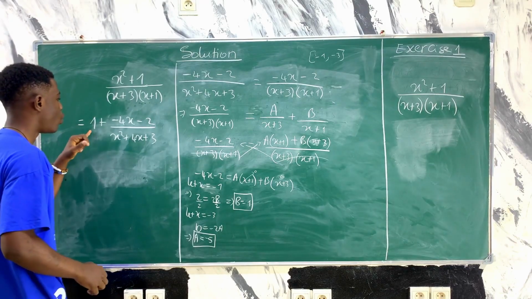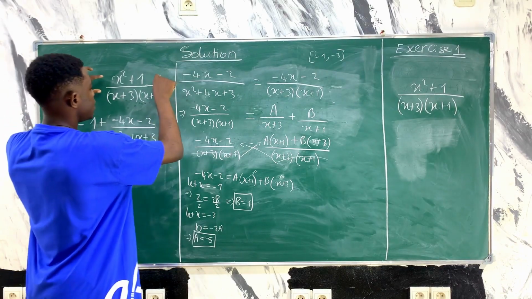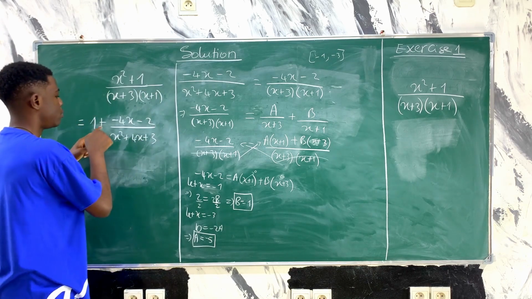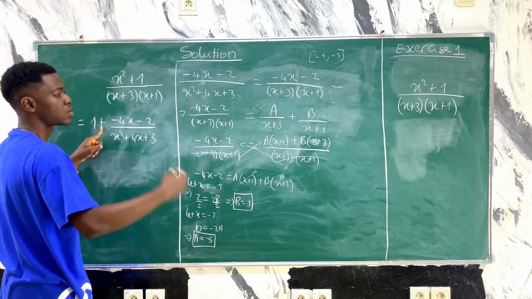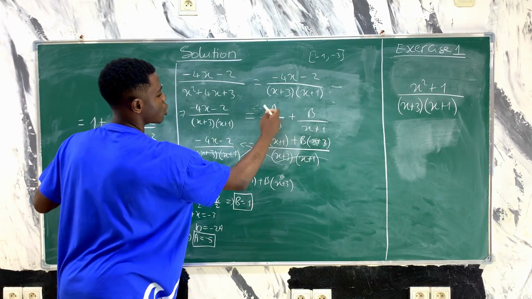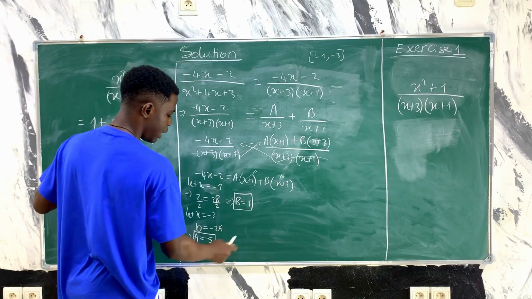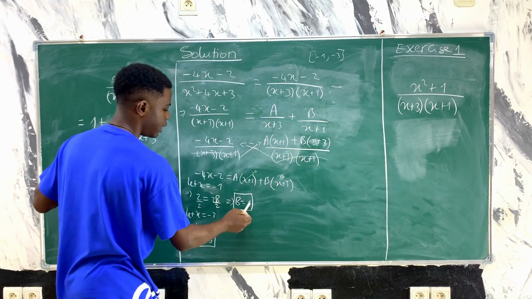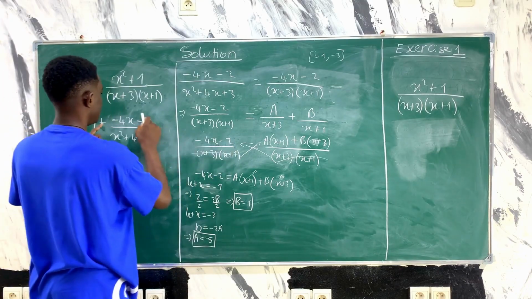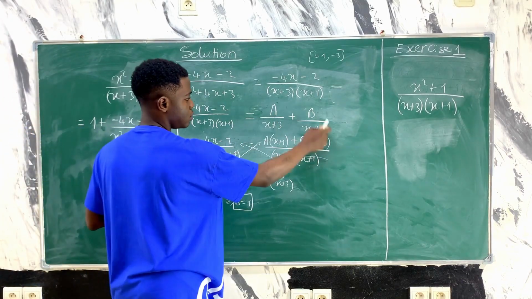So you write 1. You write this. You recopy this. This is equal to 1 plus your answer in partial fractions. Your answer in partial fractions will be this when you replace A by minus 5 and B by 1. So your final answer will be 1 plus this when you have replaced A.